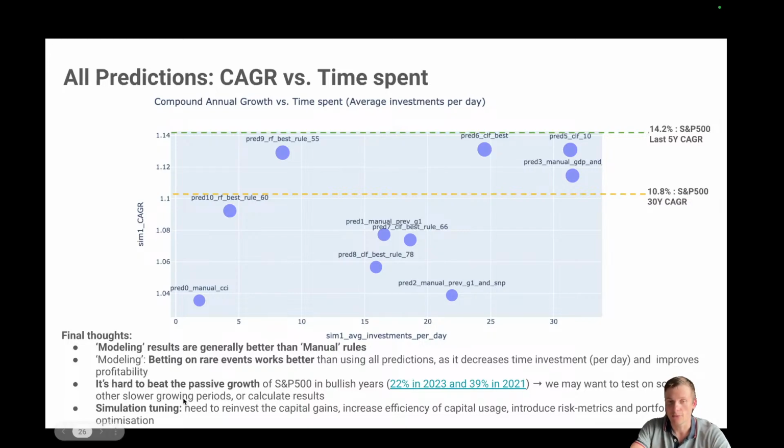And we need to do this just because we want to reinvest the capital gains. The main drawback of most of the predictions, simulated predictions for strategy 1 was that we didn't reinvest the capital gain.